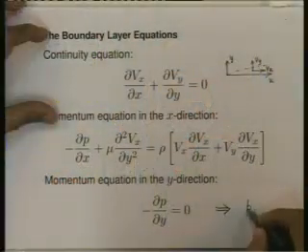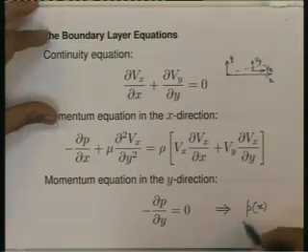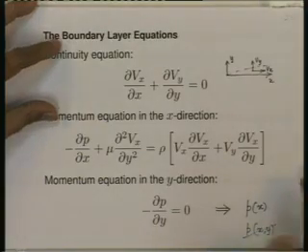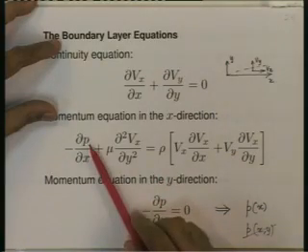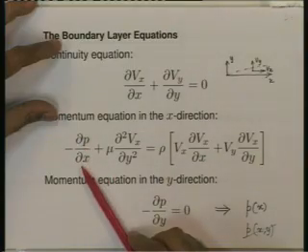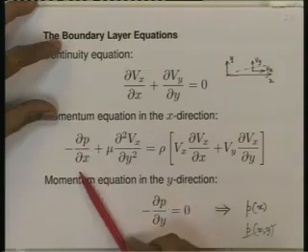So this implies that pressure is a function only of x and not of x and y. And that is why many times the boundary layer equations are written without this equation and with this partial derivative of pressure with respect to x replaced by the ordinary derivative of pressure with respect to x.